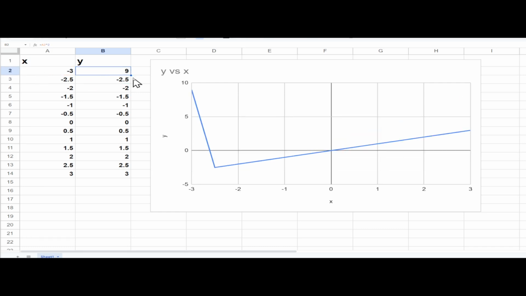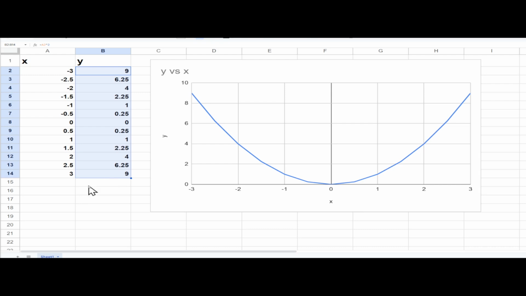And we do it for all of these cells. Okay, we get something different. So it's a bendy curve. So 9 is -3 squared. Remember, -3 times -3 is +9. And then it goes down to 0, and then it comes back up again, and it's symmetric.